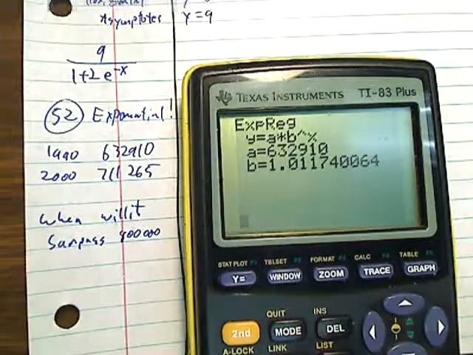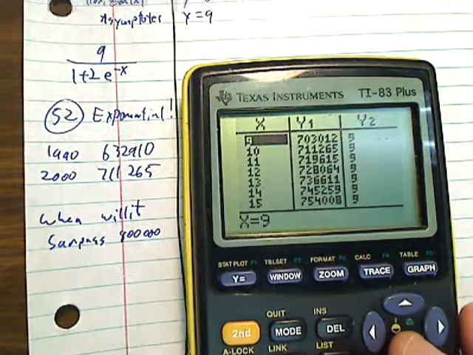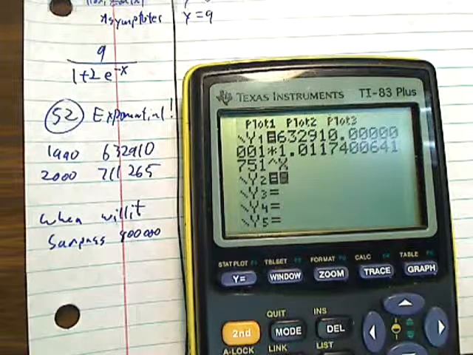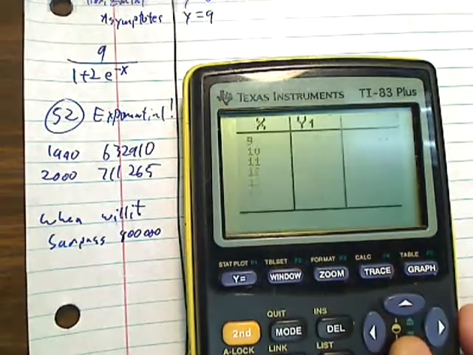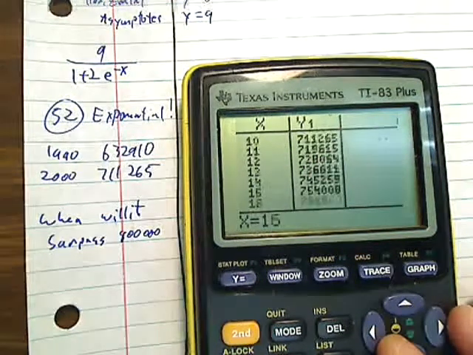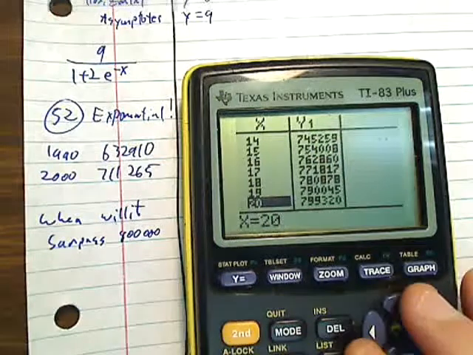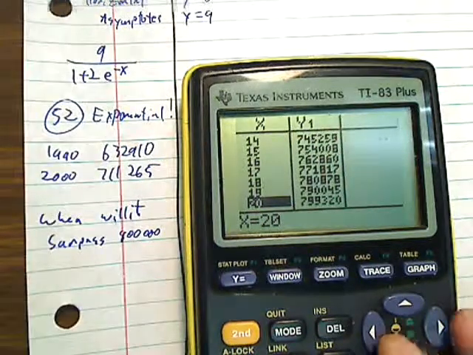So when is this going to be 800,000? Let's look at the table. Okay, 10. So this is the year 2000. 20 will be another 10 years. This will be 20 is at 2010. Still not at 800,000.